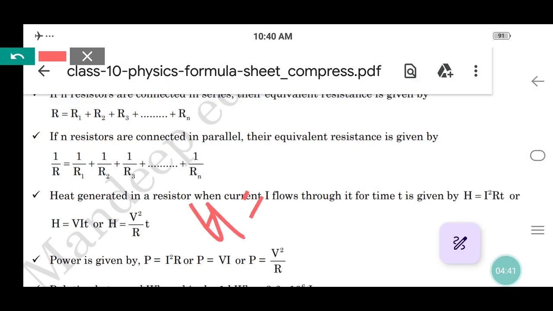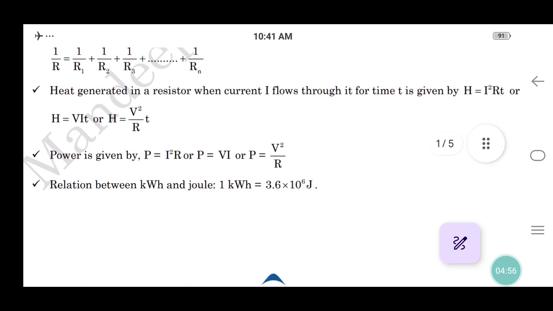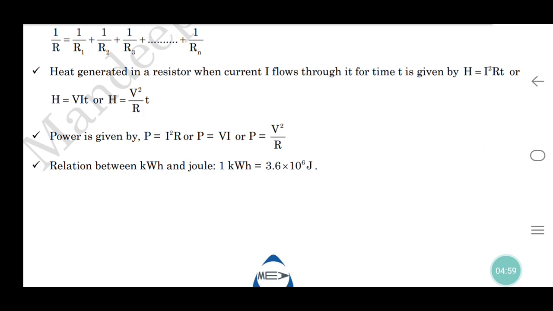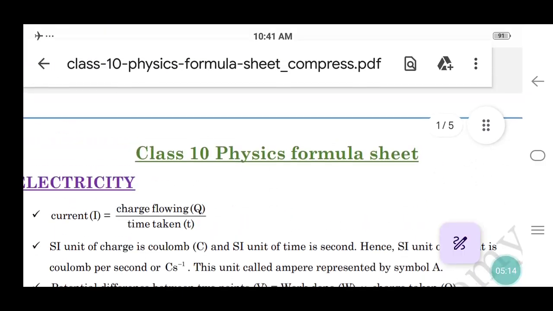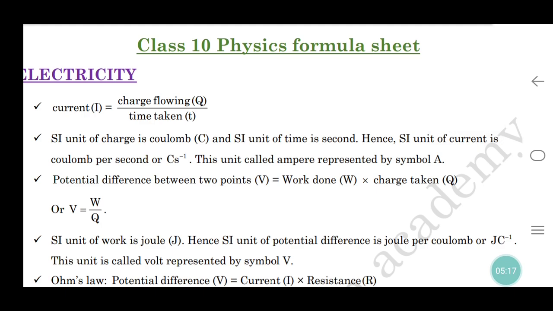H is equal to VIT, or H is equal to V square by R into T. Power is equal to I square R, or P is equal to VI, or P is equal to V square by R.